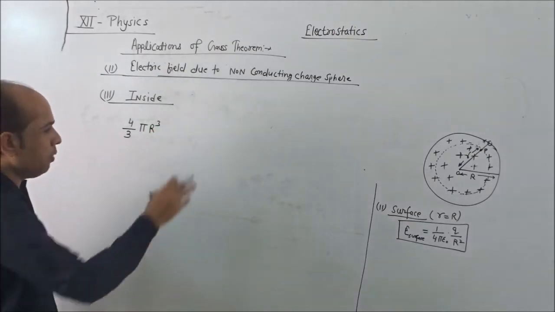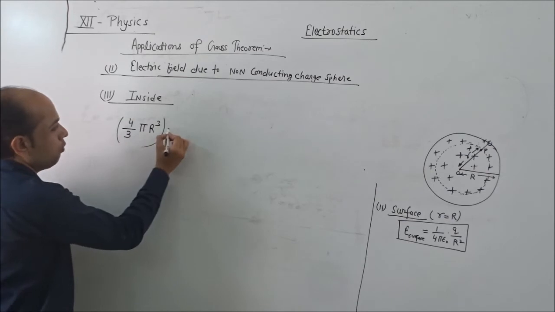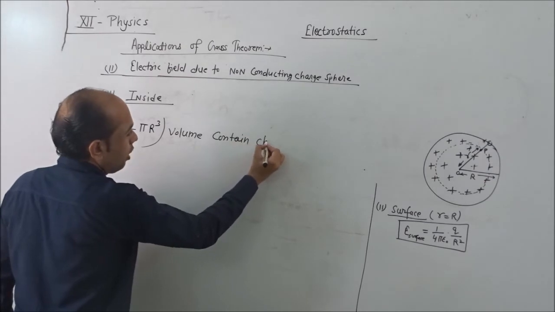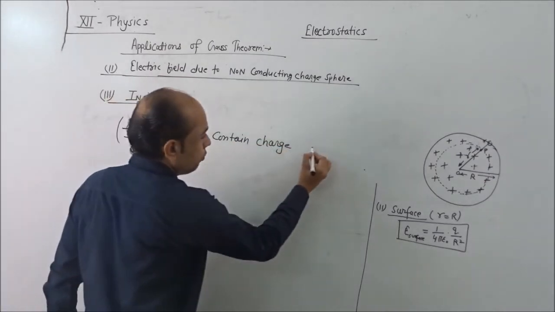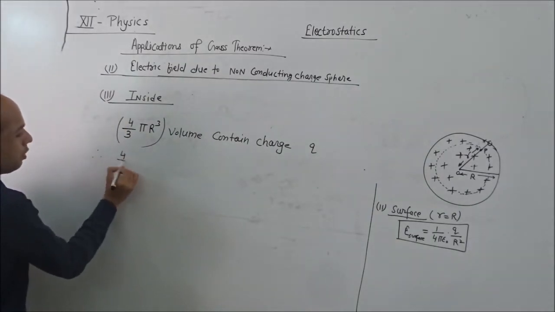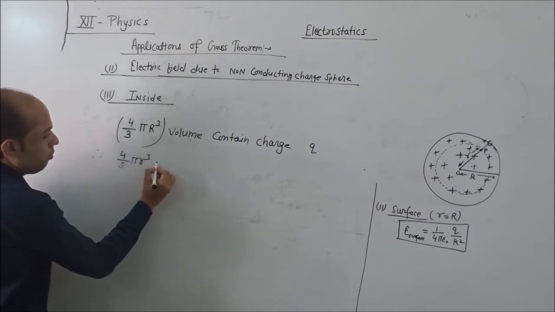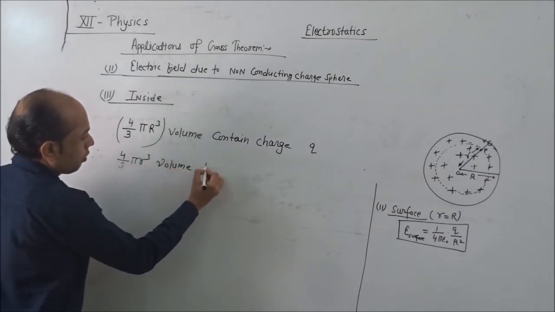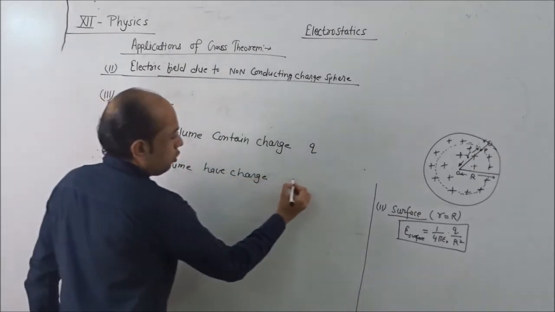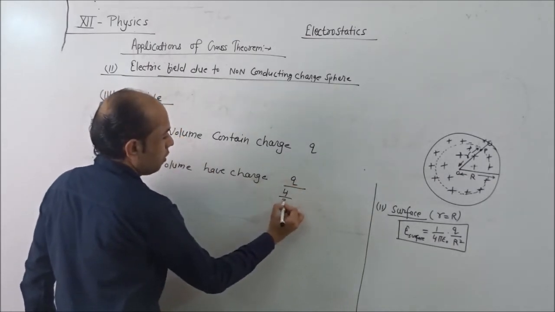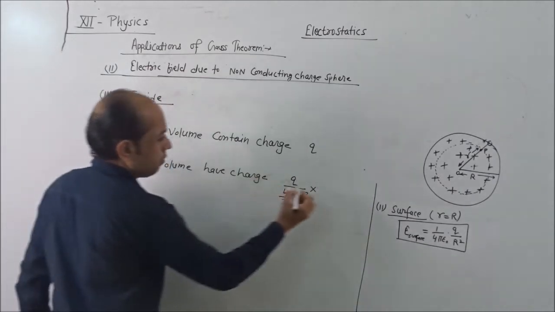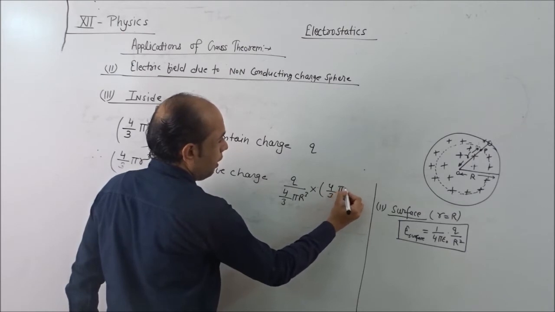This volume contains charge q. So the volume 4 by 3rd pi small r cube has charge, by simple mathematics, q divided by 4 by 3rd pi R cube, multiplied by 4 by 3rd pi small r cube.